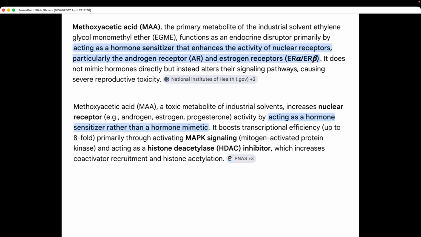So we see that with these others that, oh, it looks like the metal could disrupt those nuclear hormone receptors, but they do lots of other things.